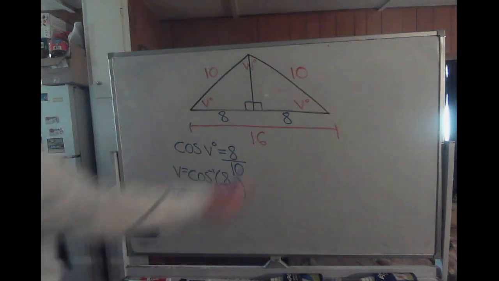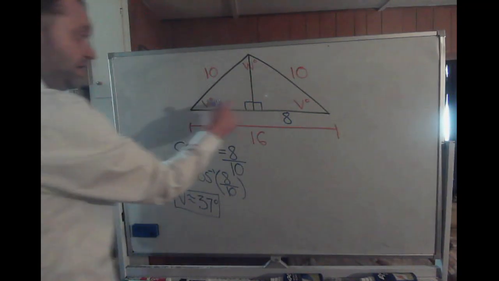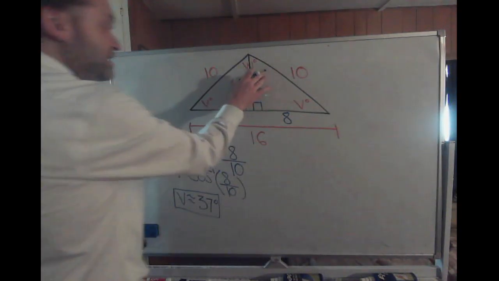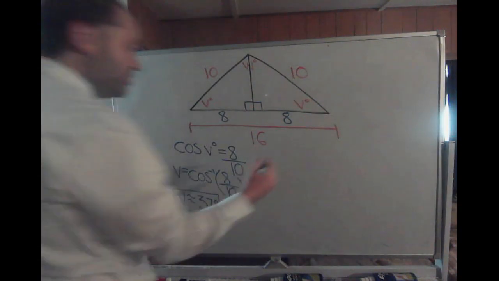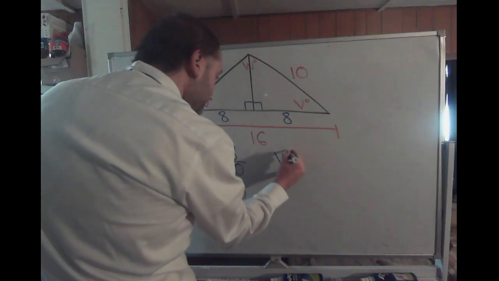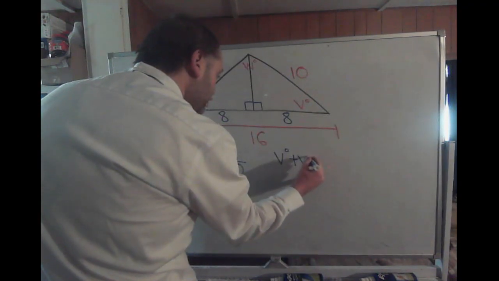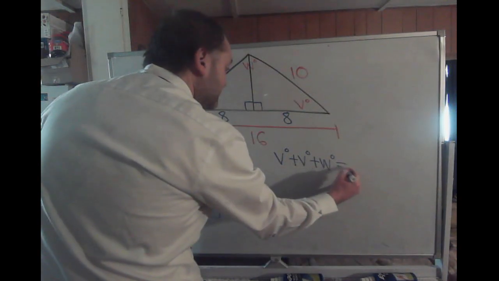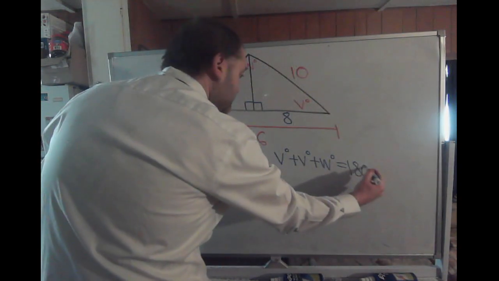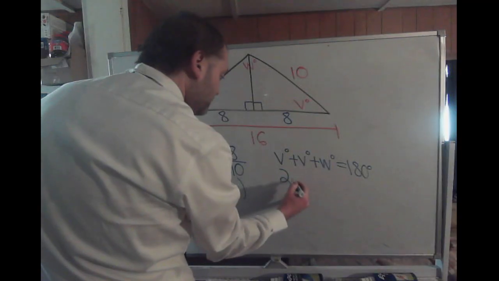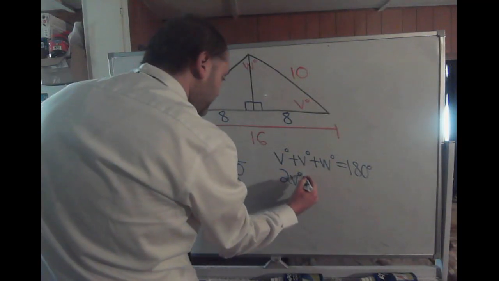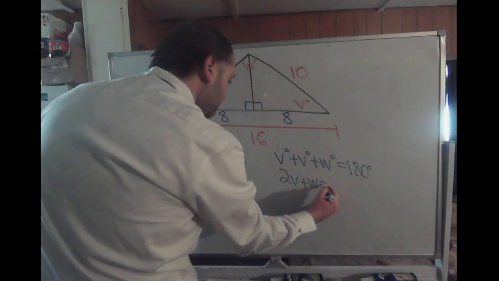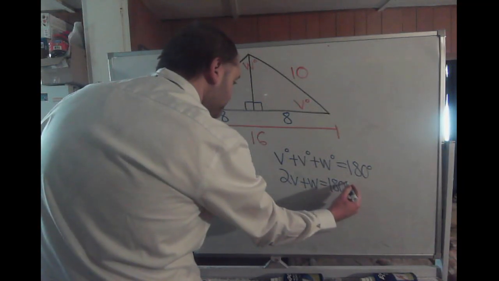because if you consider the whole triangle, you have V, V, and W. We know that the sum of the interior angles of a triangle equals 180. So we could take V degrees plus V degrees plus W degrees, set that equal to 180 degrees, which would give you 2V plus W equals 180 degrees.